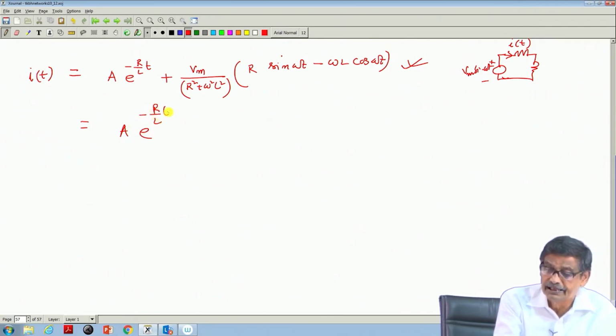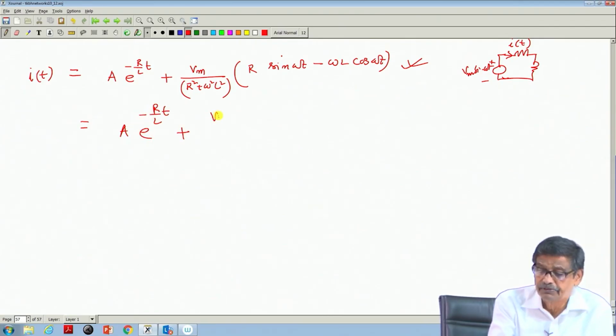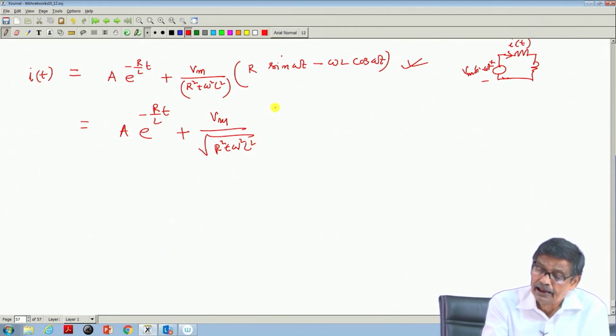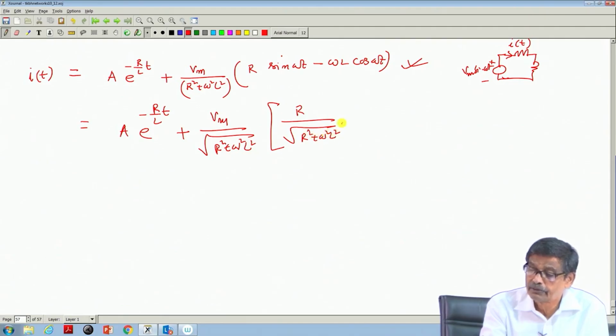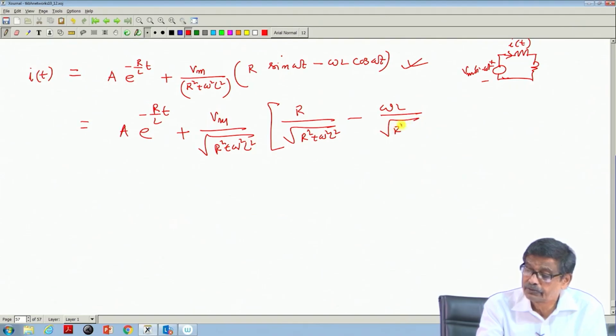So, everything is real. So, this is V m by this, I will only write r square plus omega square L square, and this will be as usual root over r square plus omega square L square, minus omega L, by root over r square plus omega square L square.